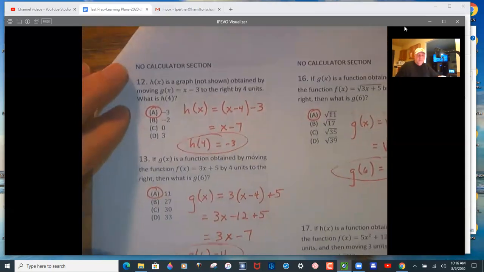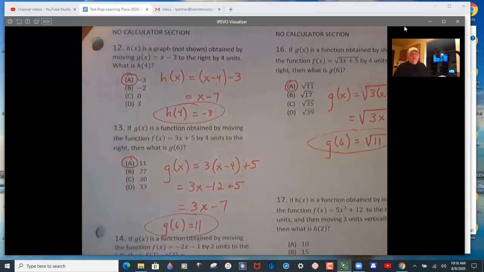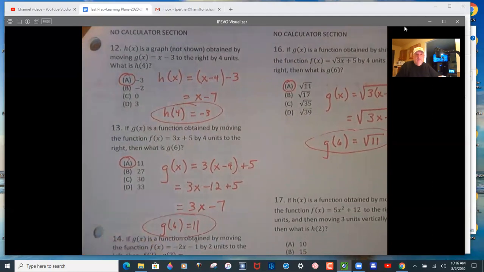All right, problem 12. So now we're getting at function transformations. What you have to understand is that for a horizontal slide, you replace x with the inverse expression. And with a vertical slide, you replace y with the inverse expression.